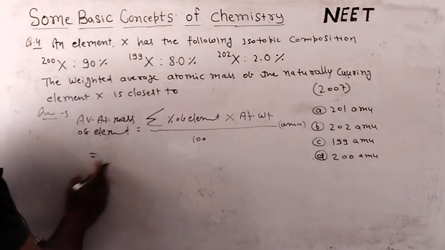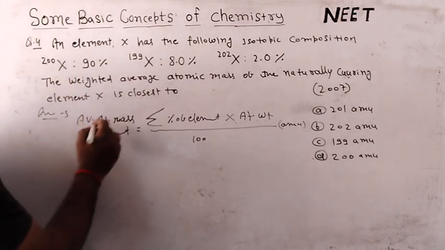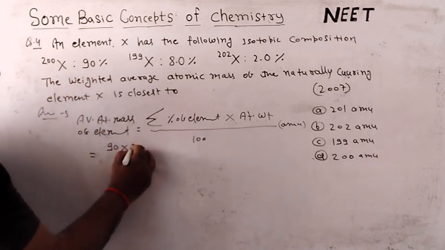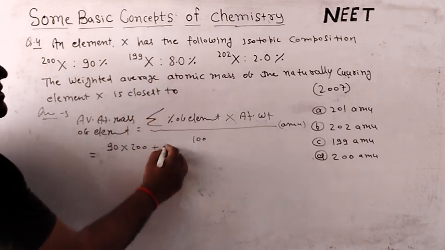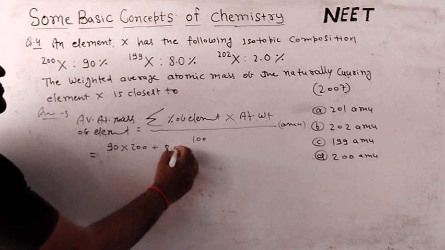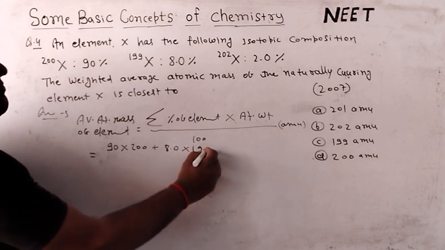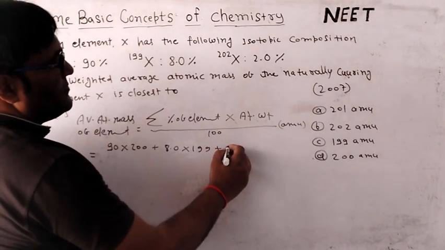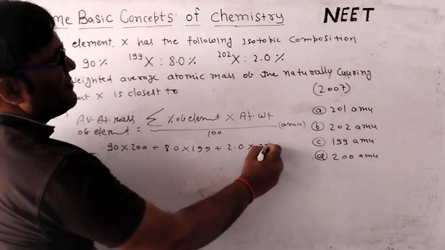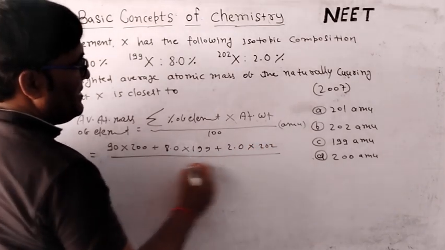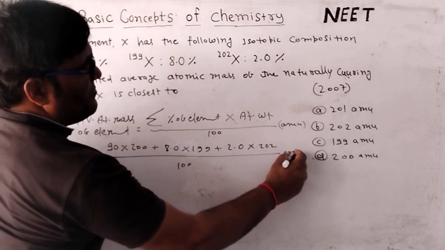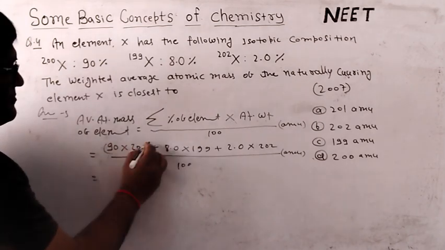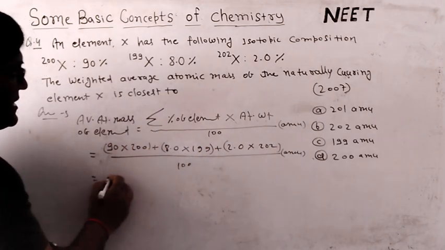Now, after applying this formula, according to given data, percentage 90%, 90 multiplied by atomic weight 200 plus 8.0 multiplied by 199 plus 2.0% multiplied by 202 and divided by 100 AMU. Okay.